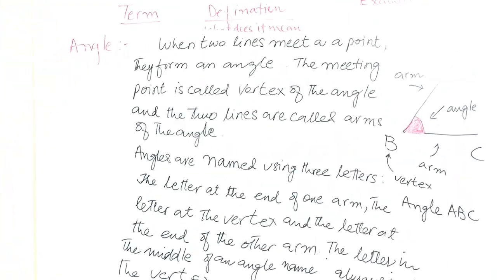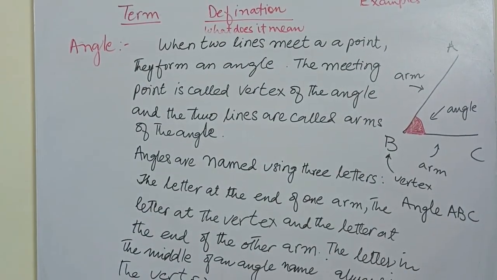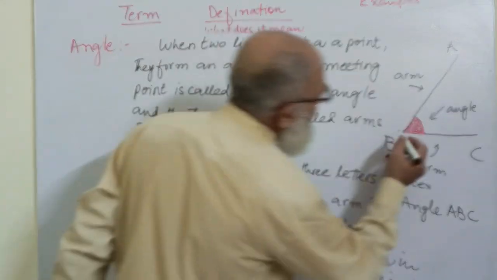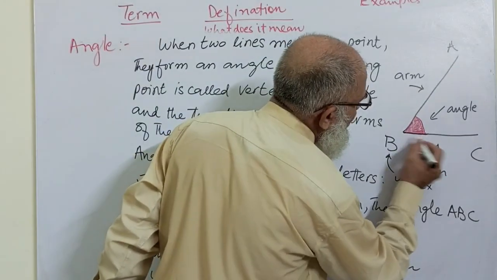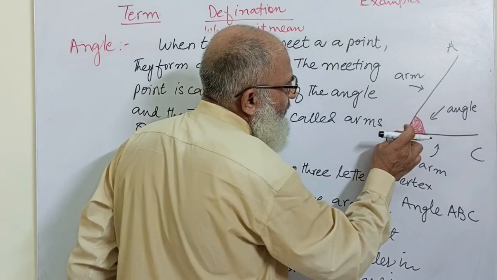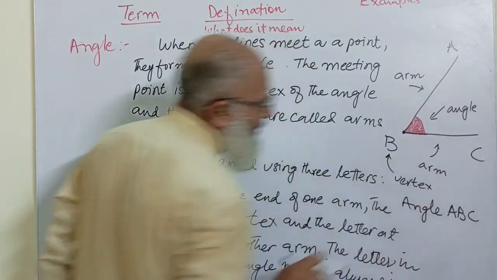Now dear students, what do we say about an angle? An angle is formed when two lines meet at a point. You see that this line and this line are meeting at point B. This is the point where two lines AB and BC are meeting.